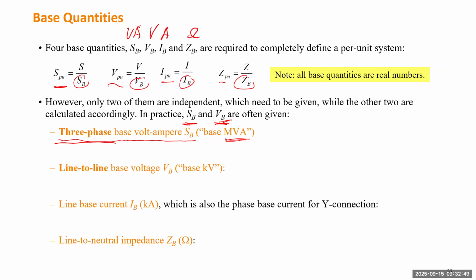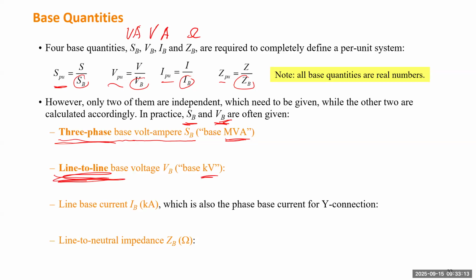For voltage, we pick a line-to-line voltage, not a line-to-neutral voltage, because some devices don't have a neutral line. So it's not convenient to measure the actual voltage between one line and the neutral. There's no such point. Even if you measure against the ground, that doesn't give you the accurate line-to-neutral voltage for most conditions. So the most convenient way is just to measure line-to-line voltage.